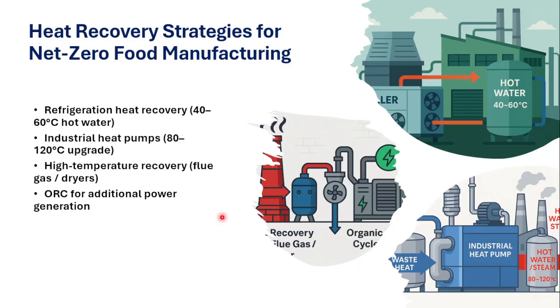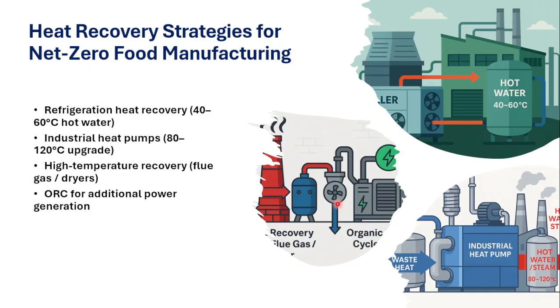For the hotter waste heat, such as exhaust gases from ovens, dryers, or boilers, a special heat exchanger can recover heat before it goes into the air. If there is enough high temperature waste heat, an organic Rankine cycle, with the abbreviation ORC, can convert some of the heat into electricity.